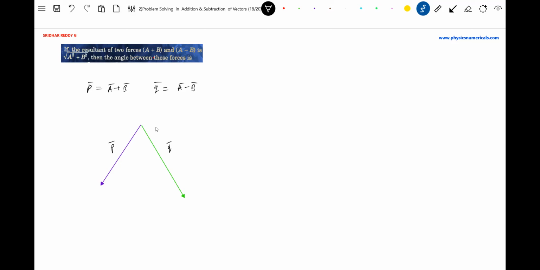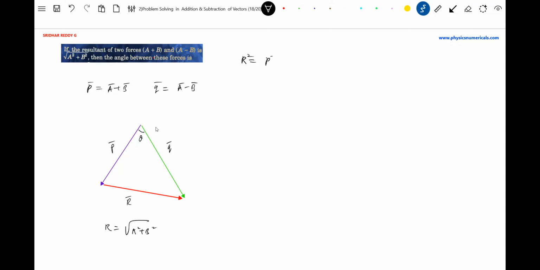If the resultant of two forces is root of its magnitude is telling. So here the resultant vector, we will show it from P to Q. This is what, let me say R bar. What is R equal to? That R is equal to root of A square plus B square. Hope you are able to understand now. What is the angle between vectors is theta. Let me apply cosine rule.